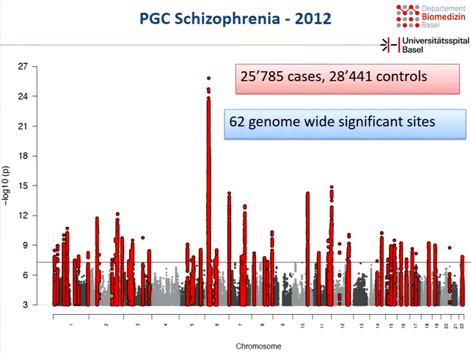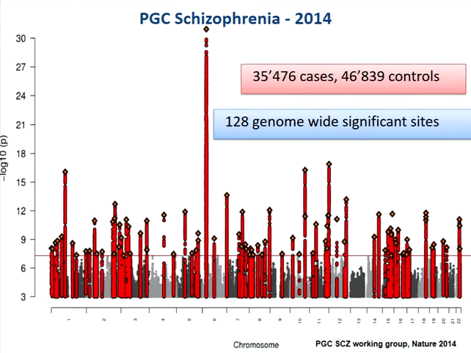So 1 year later, there was a new freeze, additional samples included, now 25,000 cases, 28,000 controls, and there were 62 genome-wide significant sites. And 2 years later, that was published in Nature. There was this work reporting 128 genome-wide significant sites with 35,000 cases, 46,000 controls.